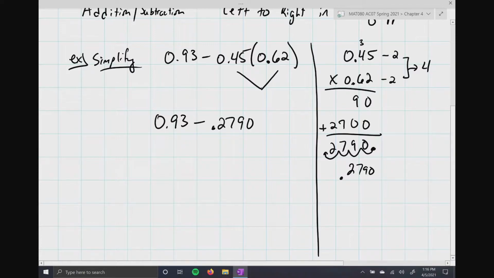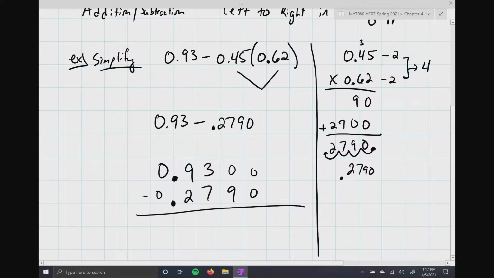Okay? So to subtract, remember, add or subtract, you want to align the decimal place. Put zeros where there are no place values, and just go ahead and subtract. So 0 minus 0 is 0. 0 minus 9, I have to borrow.